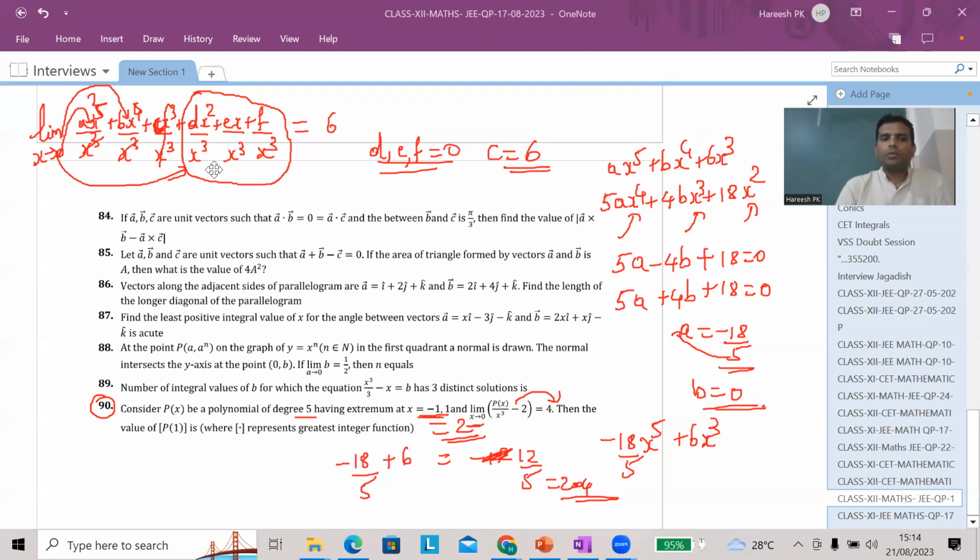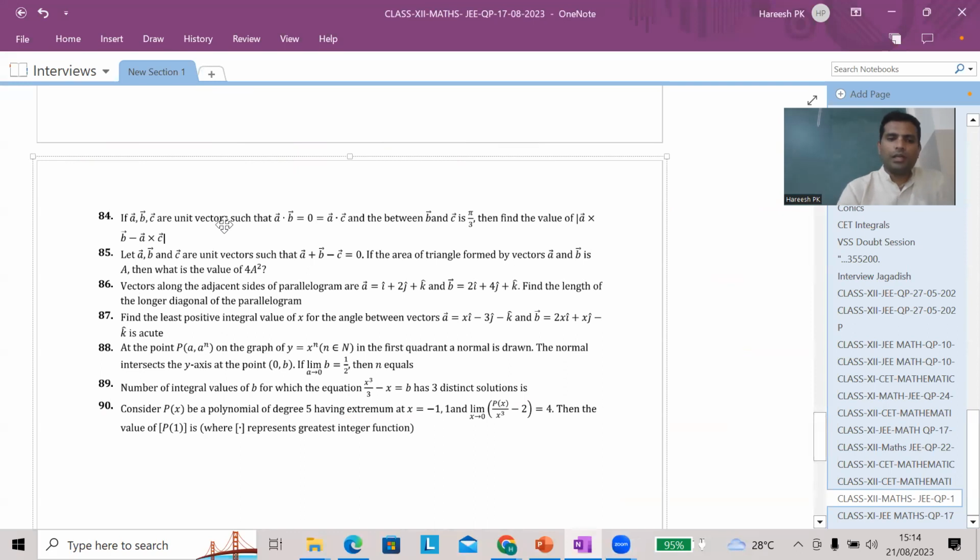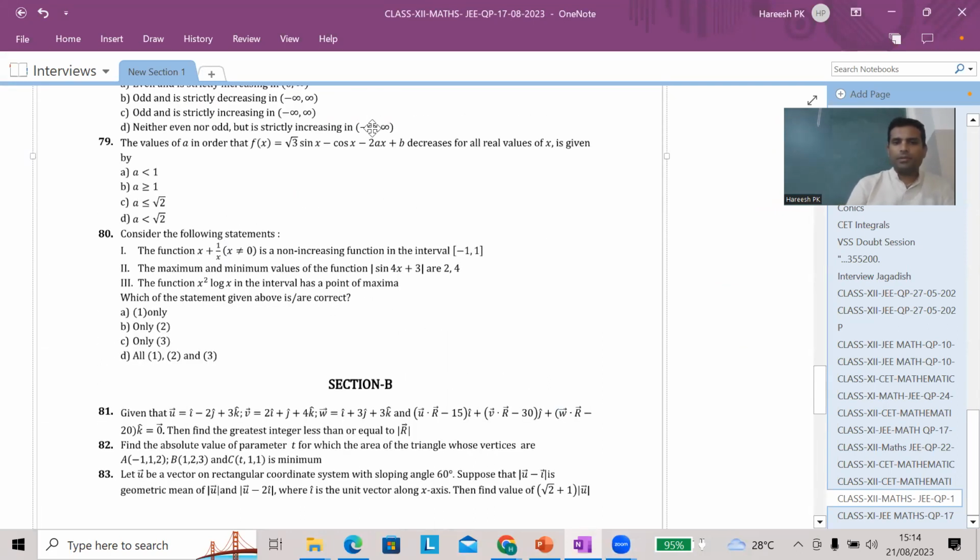Now we move to question number 81, which is the last integer type. They have given vector u, vector v, vector w, and they are saying R is a general vector, and they're saying u dot R minus 15 i cap, v dot R minus 30 j cap, and w dot R minus 20 k cap is 0 vector.